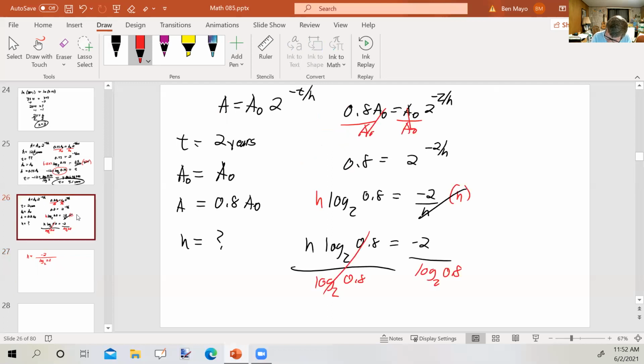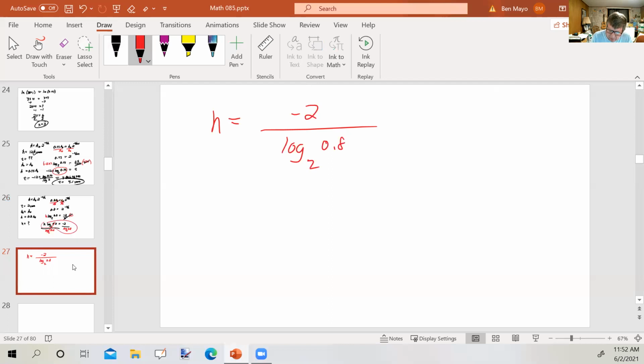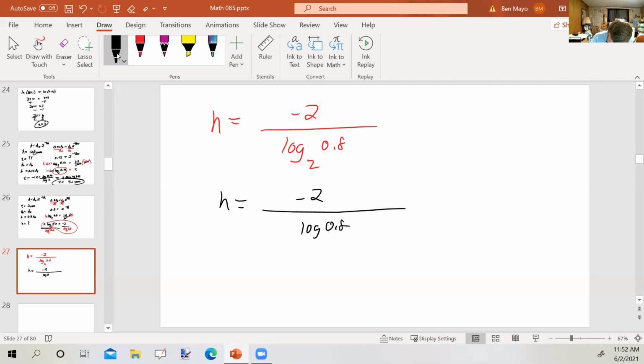Okay, so I'm just recopying that on the next page. Going to have to use the change of base. So h equals negative 2 divided by the log of 0.8 over the log of 2. And I'm going to group that whole thing together.